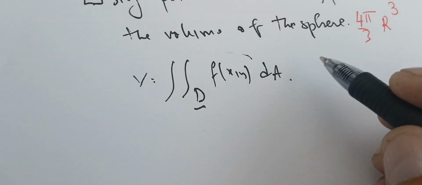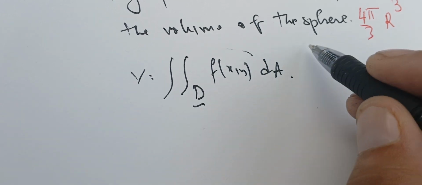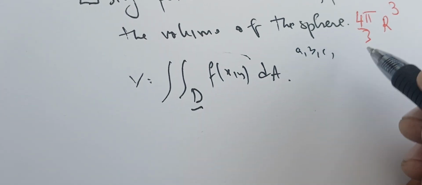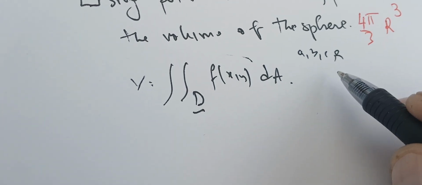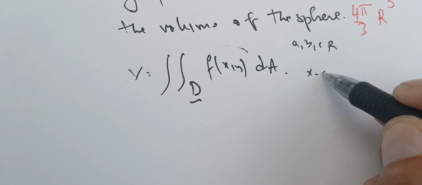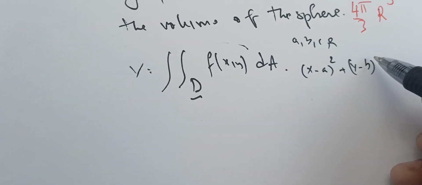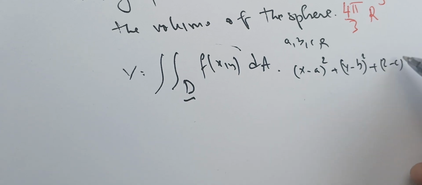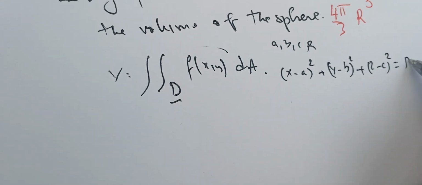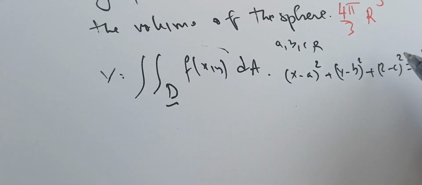Okay, so given a sphere that's centered at (a, b, c) and having radius r, we can write its equation as (x minus a) squared plus (y minus b) squared plus (z minus c) squared is equal to r squared.